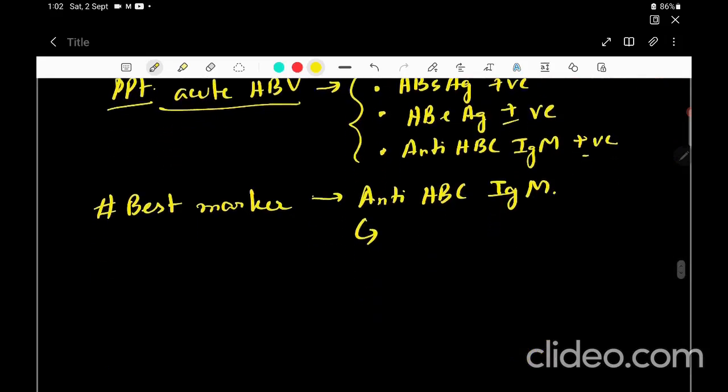So even in some cases when HBsAg is negative, you can find this as positive.